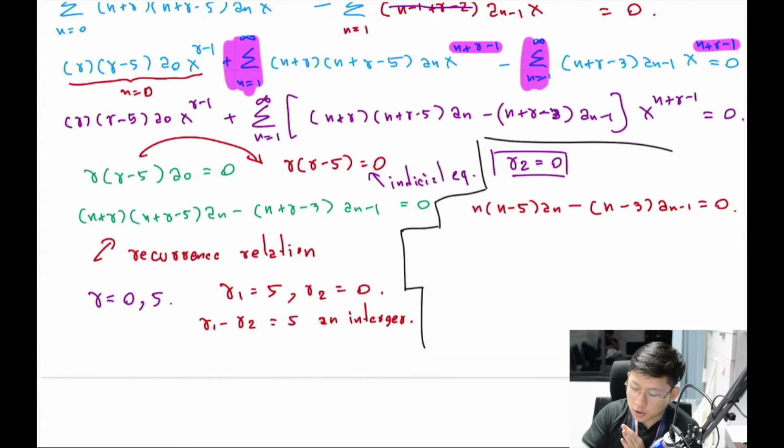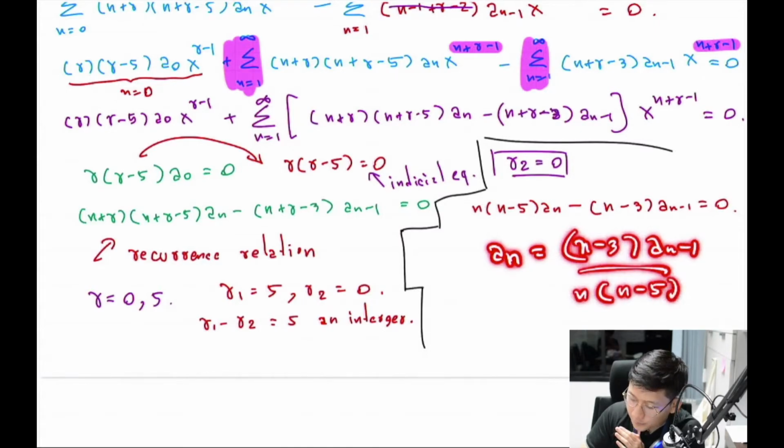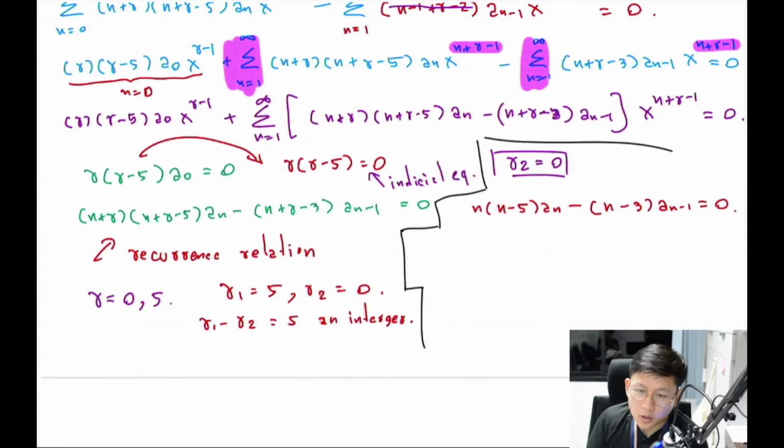We're not going to write an equals (n minus 3) an minus 1 divided by n(n minus 5). We're not going to do that because right now we don't know whether or not a0 is not 0. Okay, so we're gonna just let n be 1 and then we see what happens.